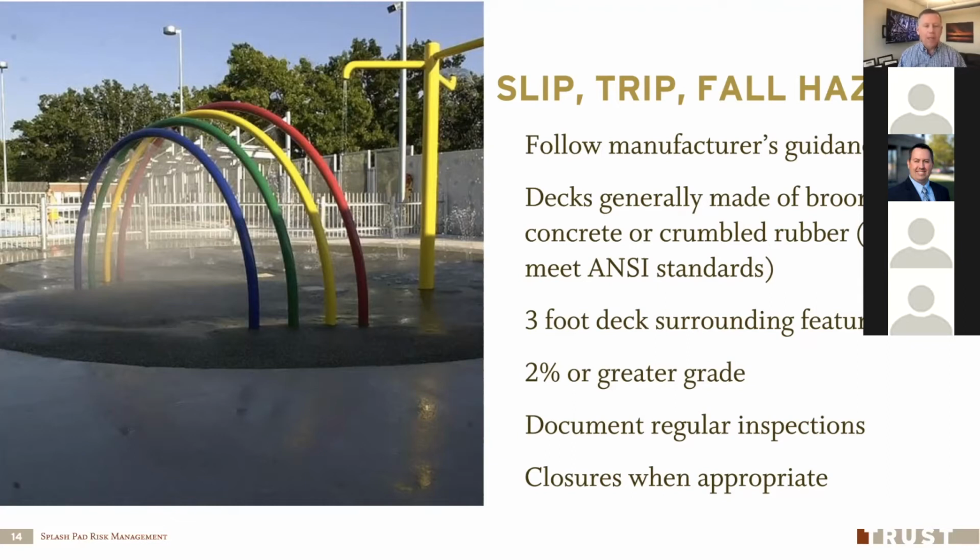All right, so let's talk about the deck, the actual walking surface, play surface around there. Generally, these surfaces are made of broom concrete or a crumbled rubber, a little similar to the pour-in-place fall material at a playground.